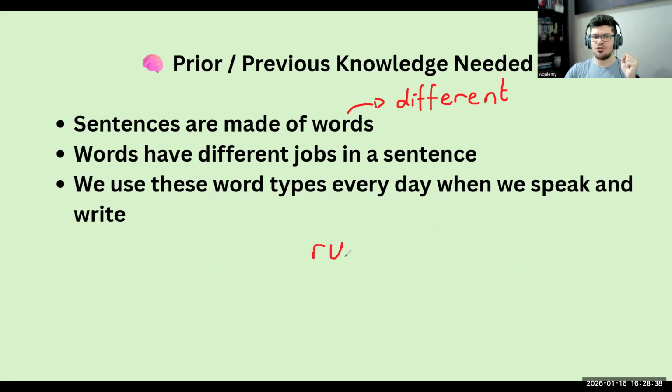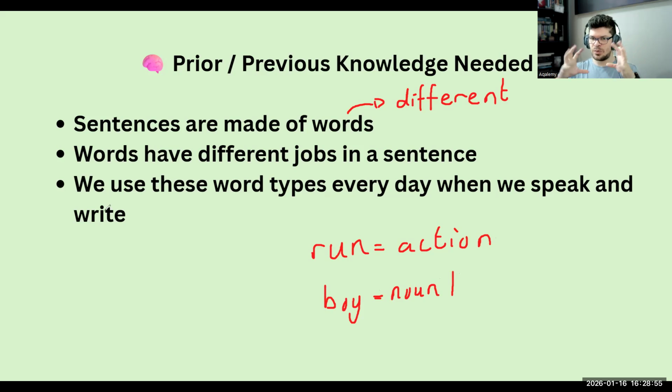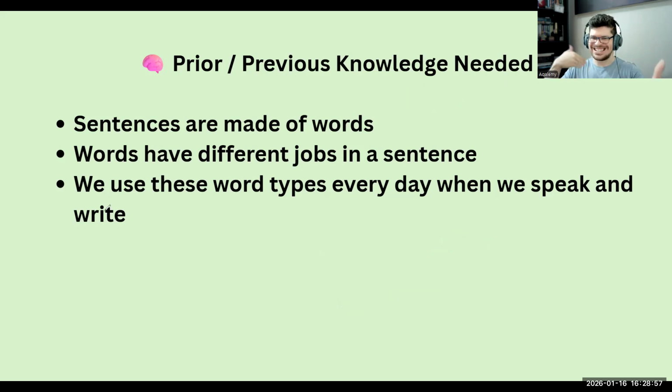If I say run, you understand it is an action. If I say boy, you understand it tells us a noun, something or someone. These words we use in daily conversation and also in our writing. This one you must think about.